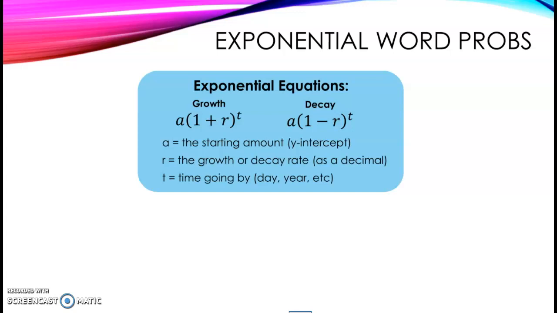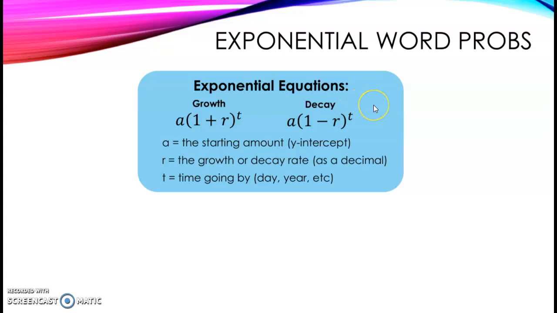So I want to start off with our equations that we use to solve exponential word problems. They usually involve either a growth or a decay situation. The difference between these two scenarios is whether it's increasing over time or decreasing over time.